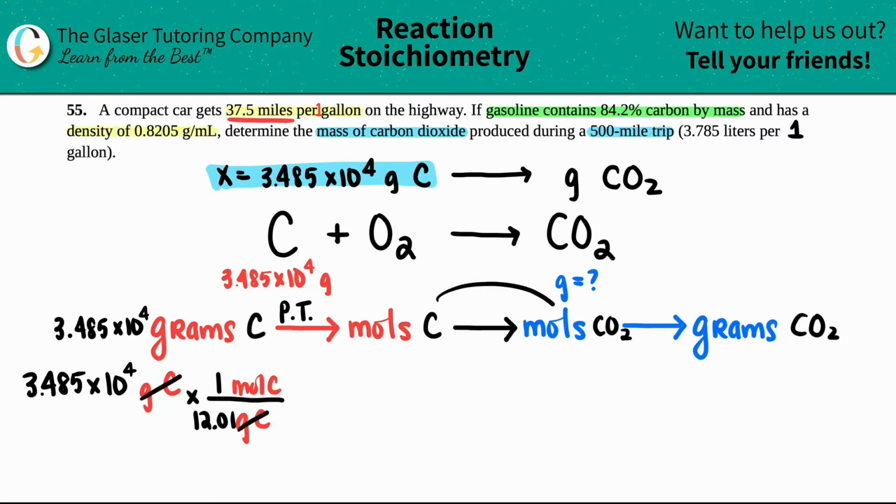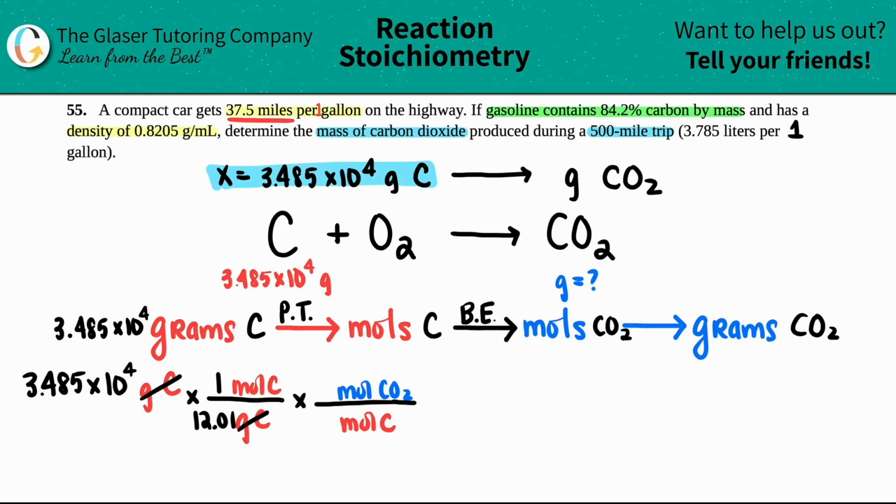But I need to convert to carbon dioxide, so I multiply by a ratio again. I don't want moles of C anymore, so that goes on the bottom, and I want moles of carbon dioxide. This is now a mole-to-mole conversion of different compounds and elements. That's the balanced equation.